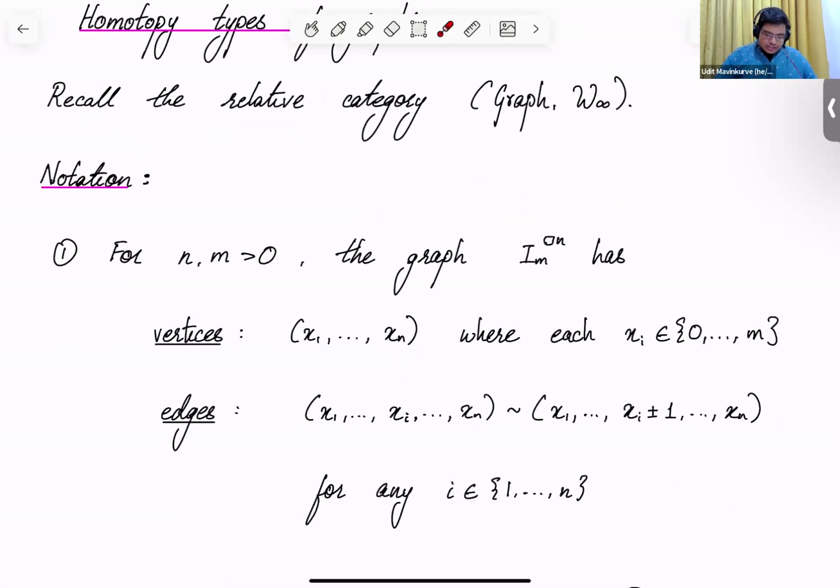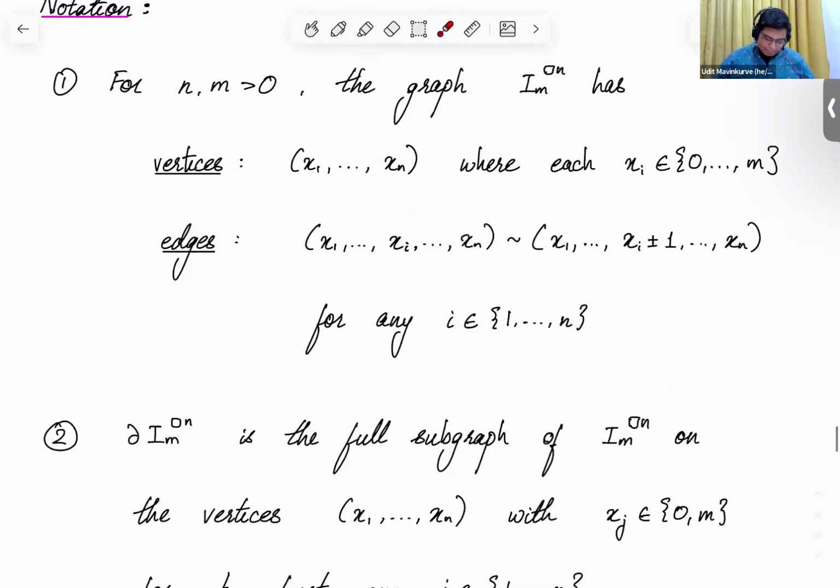We're going to start by looking at the n-dimensional cube of size m. So it's an n-dimensional cube where each side length is m. The vertices in this cube are n-tuples where each number is between 0 and m. And then you have an edge between two vertices specifically when in exactly one coordinate you differ by plus or minus 1. That's your n-dimensional cube of size m.